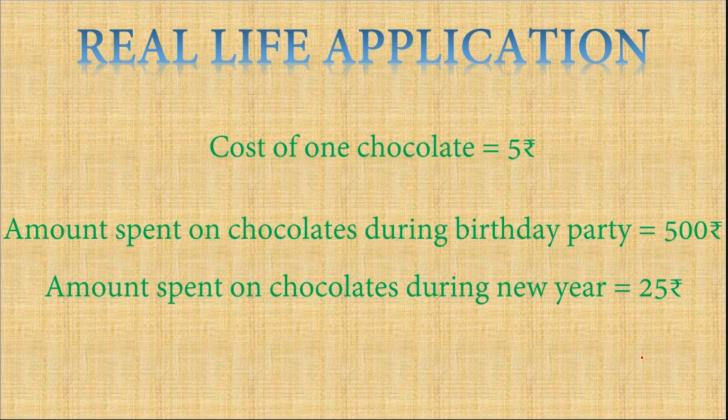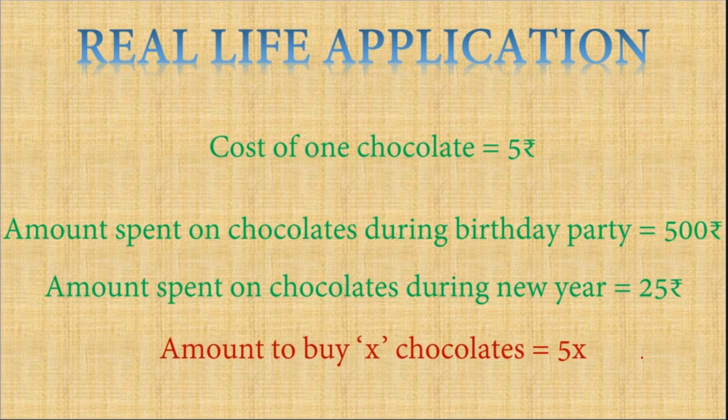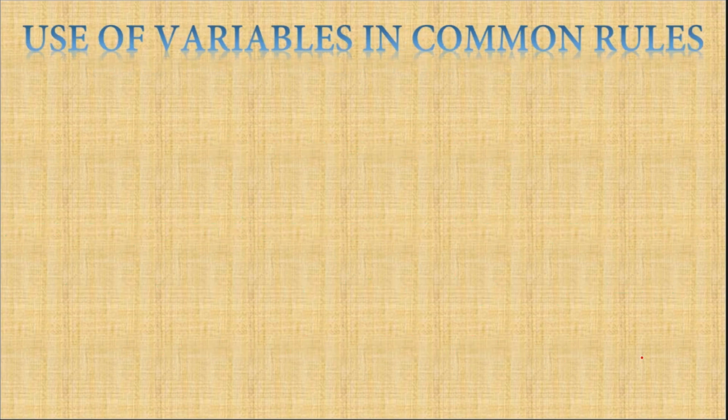For this particular chocolate case, we can generalize this formula as 5 into x, that gives the amount required in different situations. These variables can be used in different branches as well. We have seen that arithmetic is a branch, geometry is a branch. Even in those branches, we are using these variables. Let us see where we are using it.